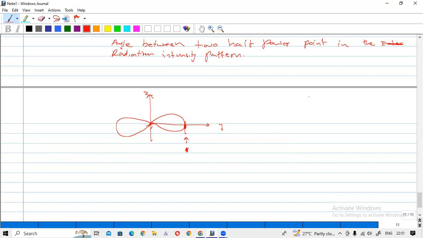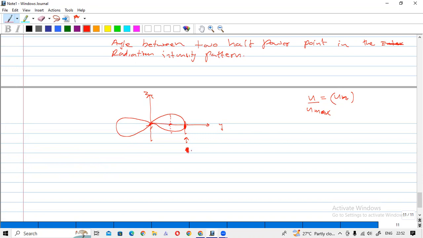Because UN is defined as U divided by U max. So the maximum power of the normalized intensity will be one. Here the maximum power is one, and half power is at this point. This is the half watt.